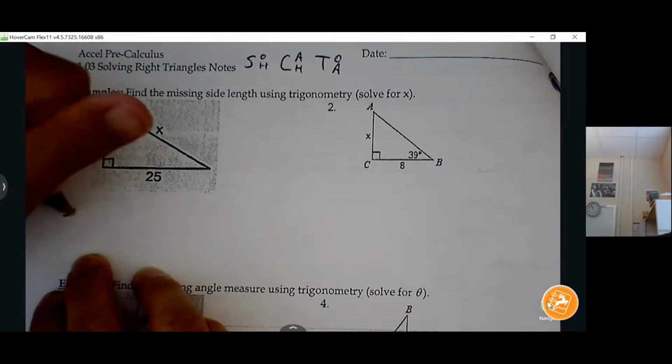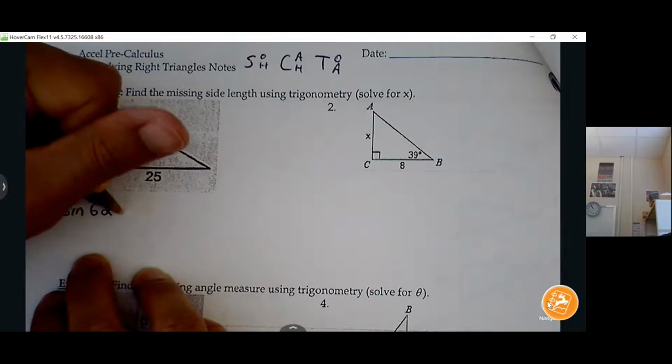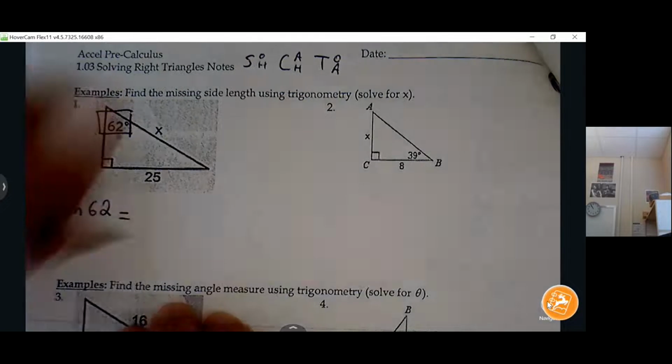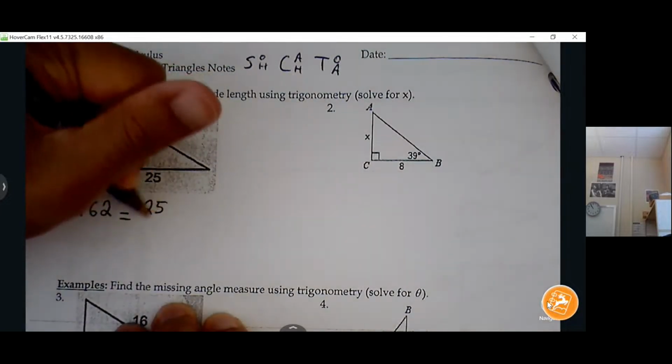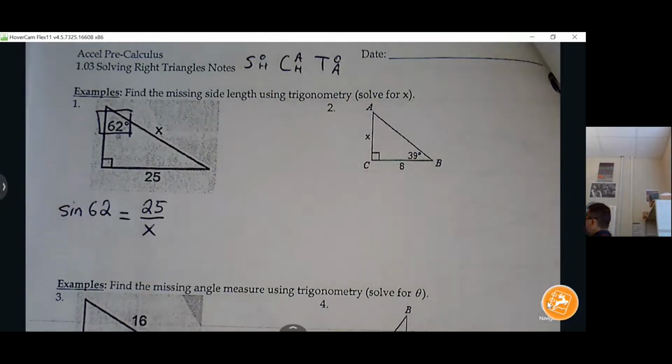So it's always sine of an angle. In this case, sine of 62 is equal to opposite over hypotenuse, equals 25 over x. I like to set it up this way. Leave a space beneath sine 62 because I can put a 1 underneath it.